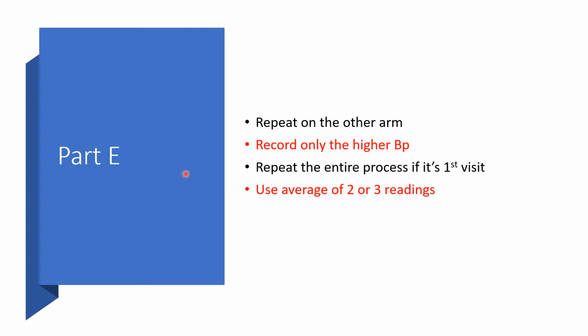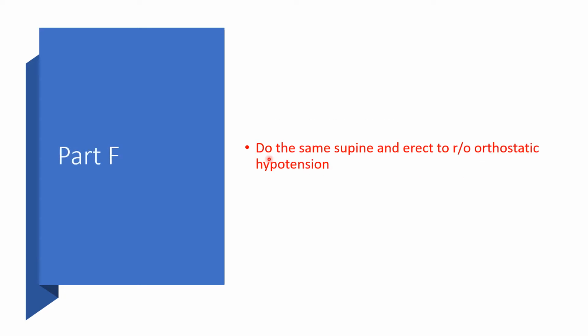Part A. We will repeat the entire process on the other arm. Then we will record only the higher blood pressure. Repeat the entire process if the patient is visiting for the first time. Use the average of 2 or 3 readings. We have to do the same when the patient is lying supine and when he or she is erect.